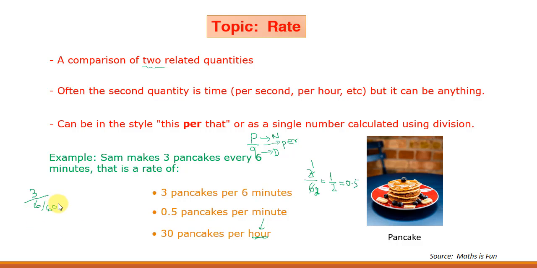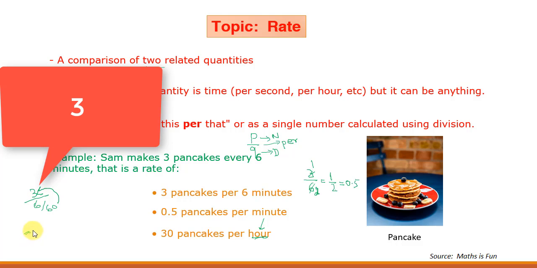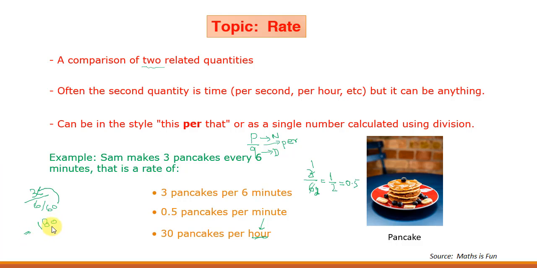So 60 will be multiplied by 3, and the answer will be 180. 3 times 60 is 180, divided by 6, and when we simplify it, we have the answer 30. Hence 30 pancakes per hour.